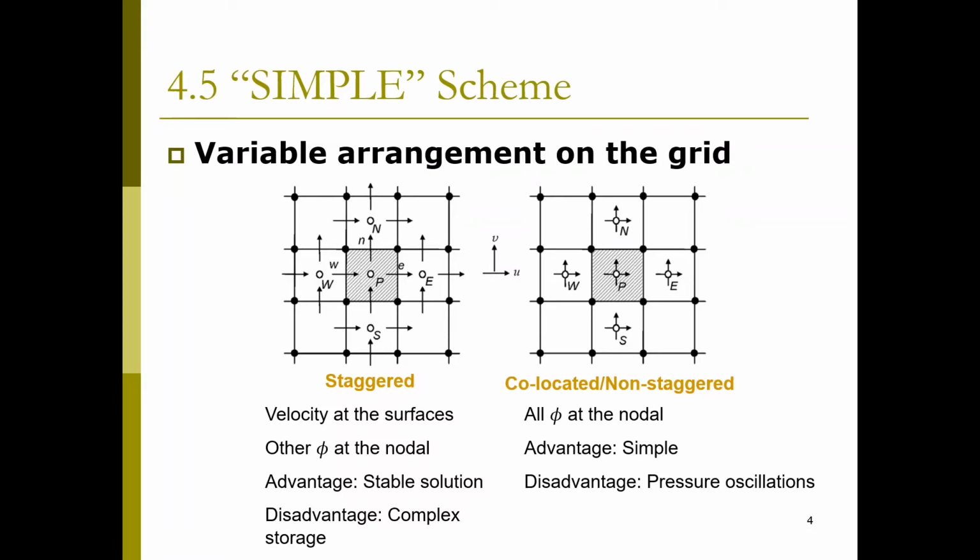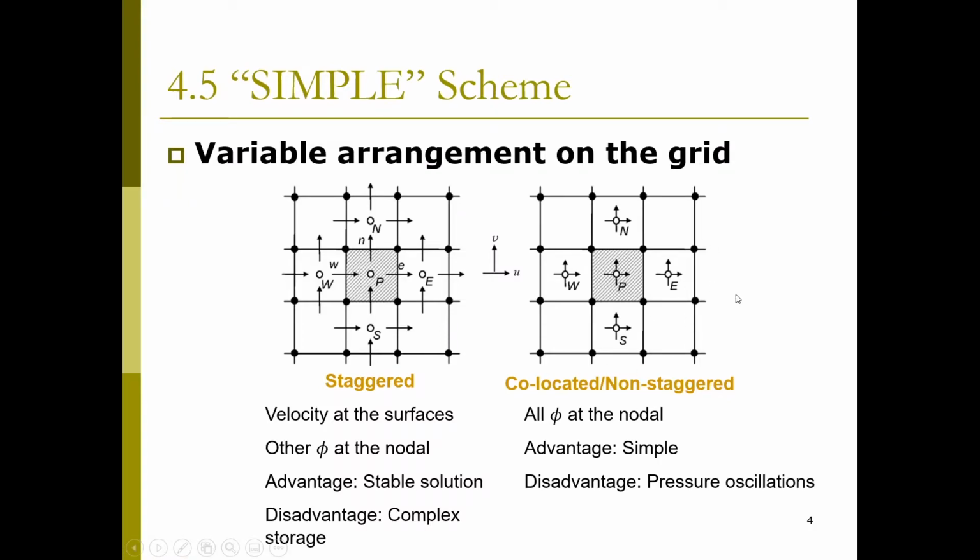Hence, this arrangement provides a very strong coupling between the velocities and pressures. This helps to avoid any convergence problem, meaning that it is an advantage of this scheme, where it is very stable, so it's hard to get diverged.